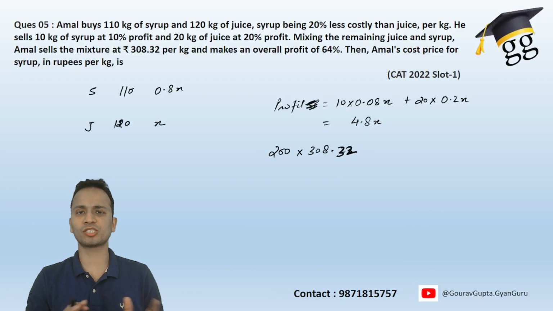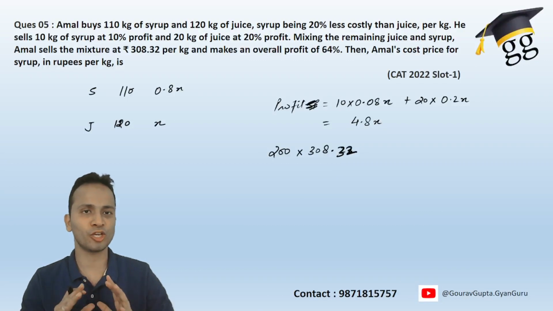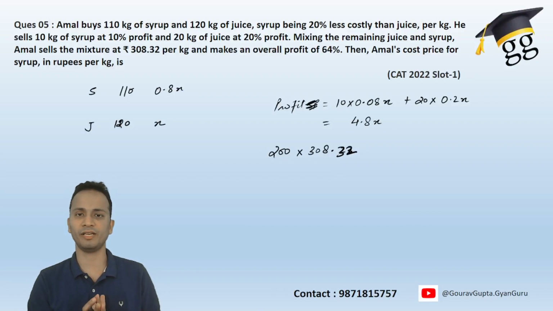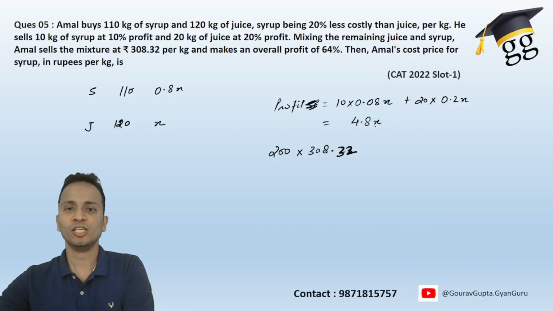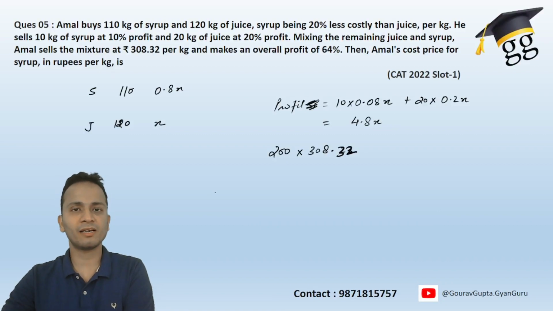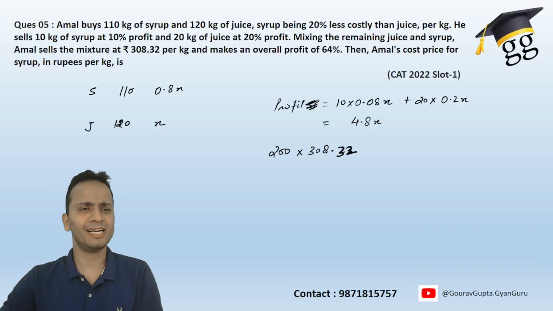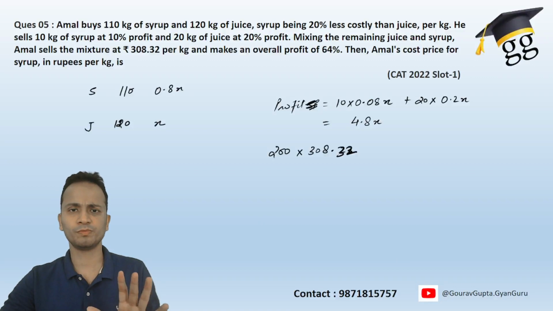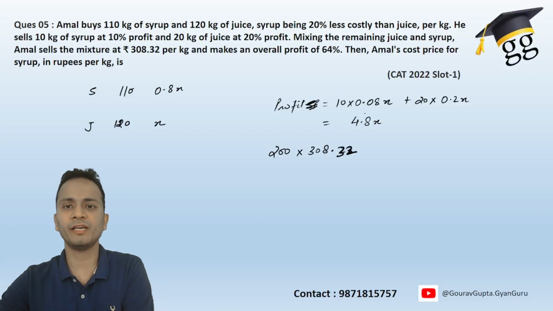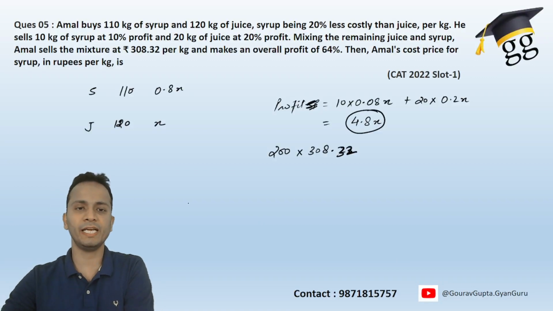Now the question looks very difficult, there are a huge amount of numbers involved here. So let's calculate the total selling price, or you can also calculate profit, totally up to you. The profit here is 4.8x.